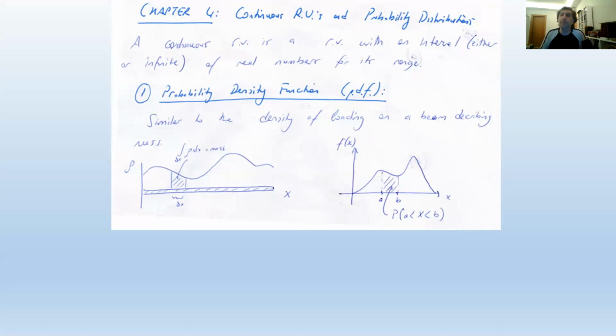Or the binomial distribution, which has n plus 1 elements, where n corresponds to the number of trials. You may have 0 successes, 1 success, 2, up to n successes.